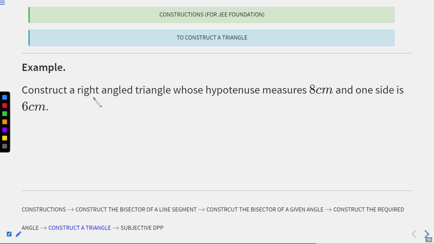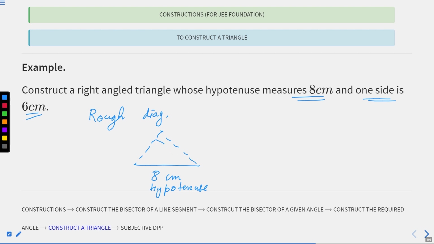Constructing a right angle triangle whose hypotenuse measures 8 centimeters and one side is 6 centimeters. Now how are we going to do that? First of all, try to make a rough diagram. From this diagram we can easily see that our hypotenuse is 8 centimeters.